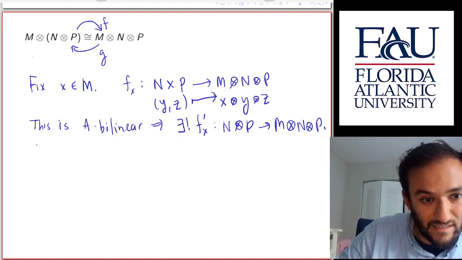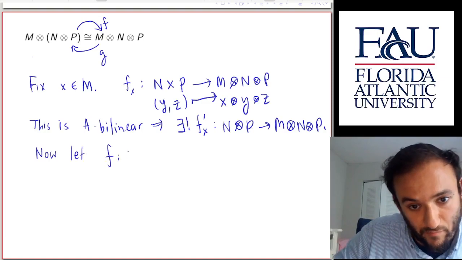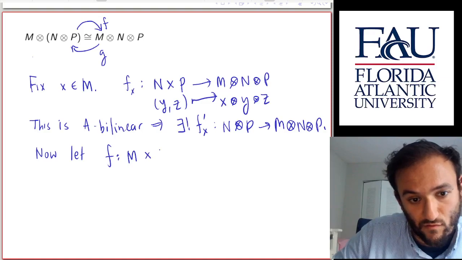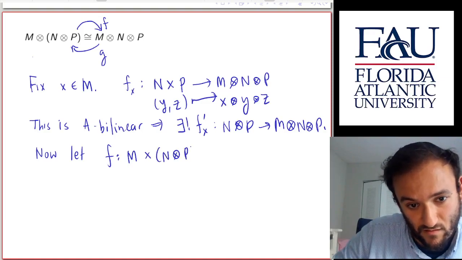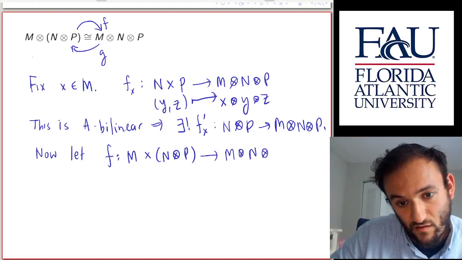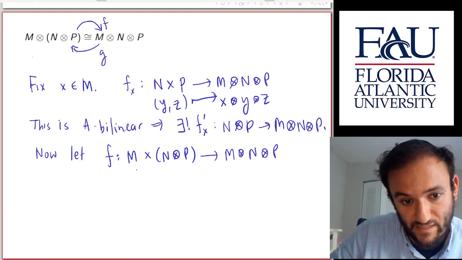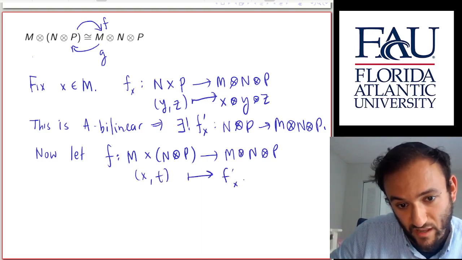But now we can consider mapping. So let's map f from M cross N tensor P to M tensor N tensor P by taking, so for a fixed x and a fixed t, we'll just map that to f_x prime of t, right?